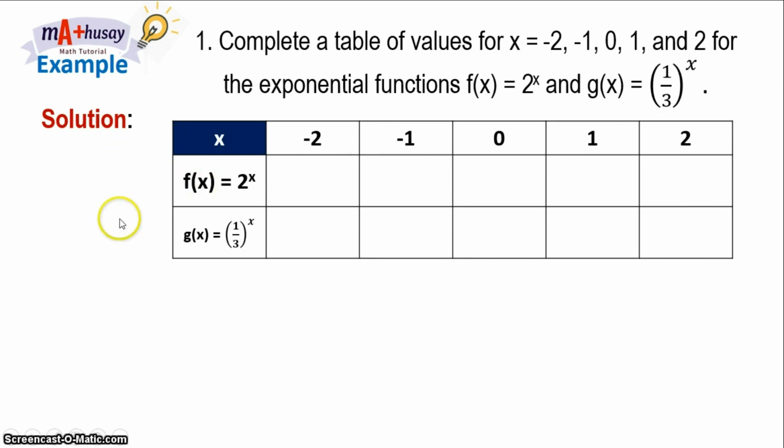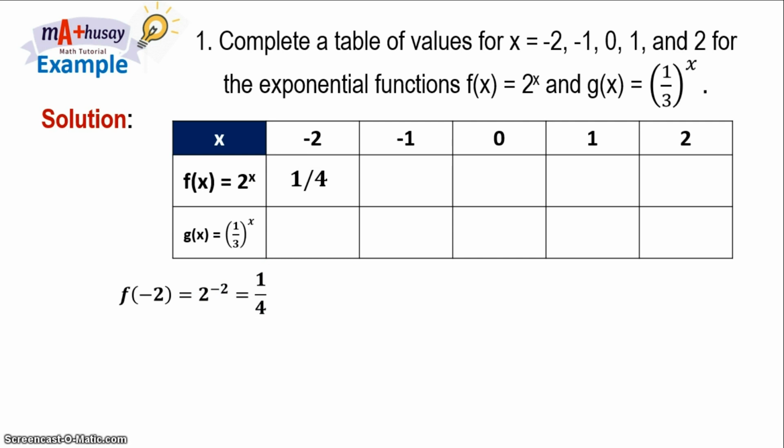So, kung ang x natin ay negative 2, so, f of x, which is 2 raised to x, papalitan natin yung x ng negative 2. So, 2 raised to negative 2, that will be 1/4. Kasi take note, this is a negative exponent. So, kukunin natin yung reciprocal niyan and then magiging positive yung exponent. So, when x is negative 2, f of x will be 1/4.